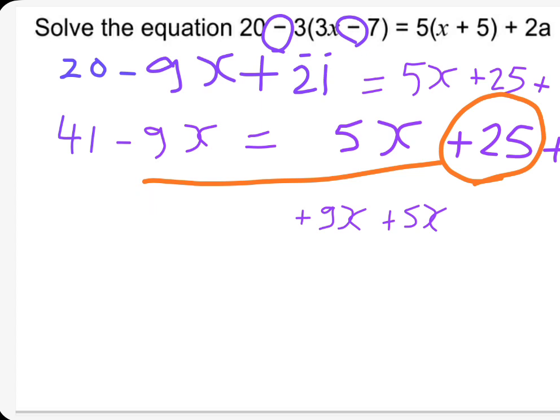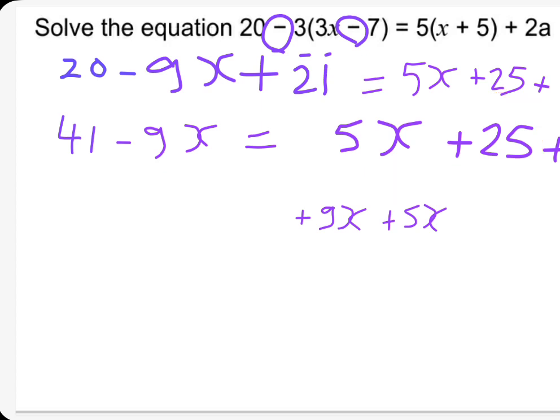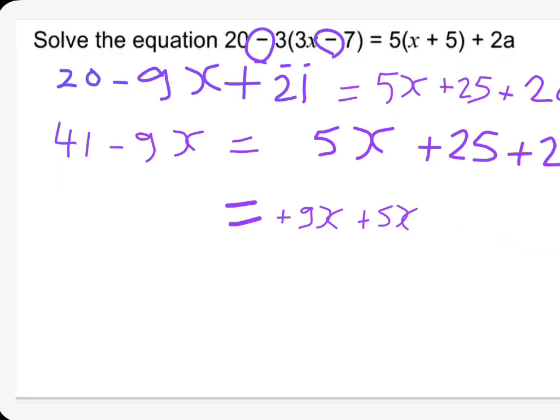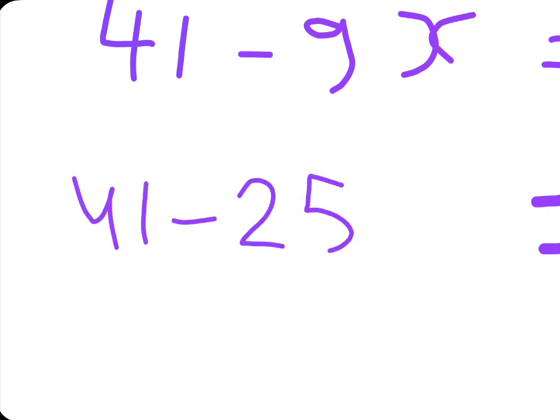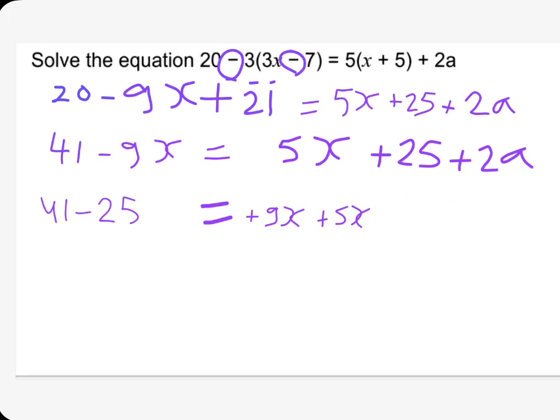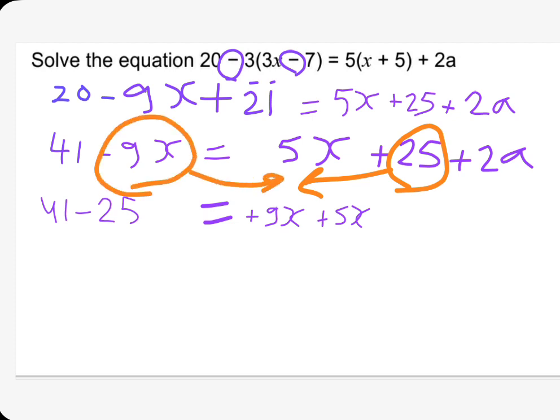So, I'm going to take the 25 first. We write the equal sign here. So 25 is going to be negative. So we're going to write 41, negative 25. Good. Now, we took this to that side, so we don't write it again. And we took this to that side, so we don't write it again.